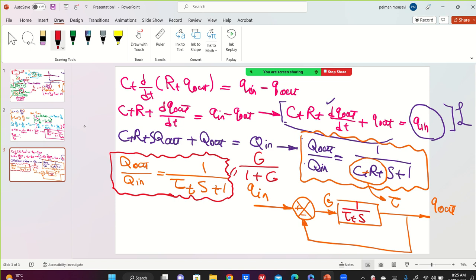I mean, tau T means the tank time constant. Okay, this is the subscript. That's right. Tau of tank. Can I go to the next page?